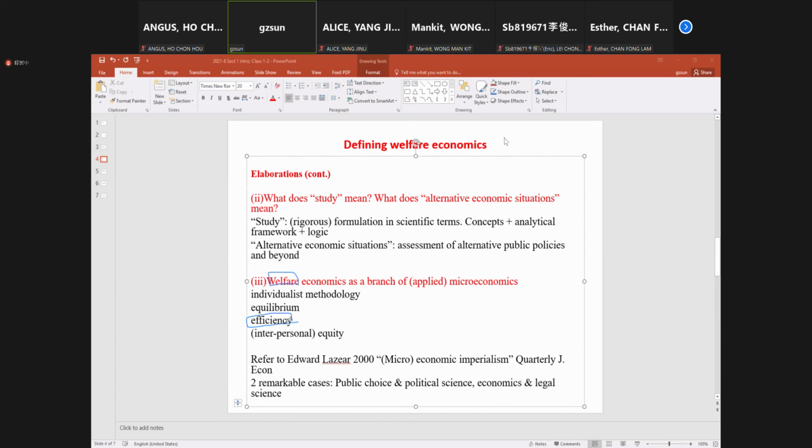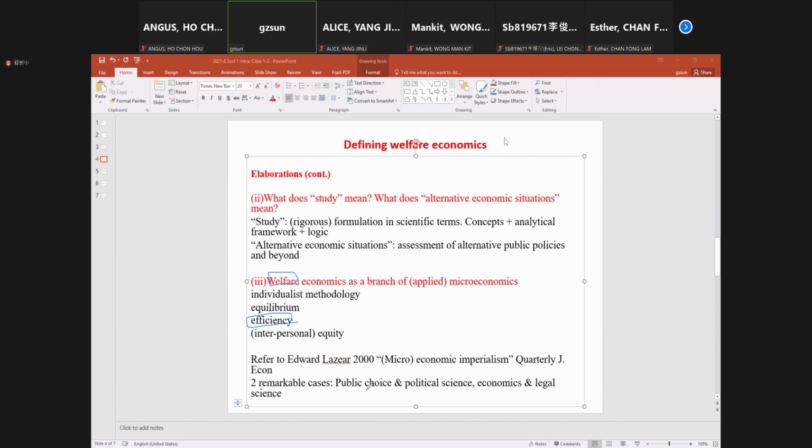Okay, so let me quickly give you 2 examples about why and how economists change other social sciences. And in the paper given by Eddie Lazear, he gives several examples. I have already put the paper into the Moodle, and the paper is not easy to read. I read it quite many years ago.